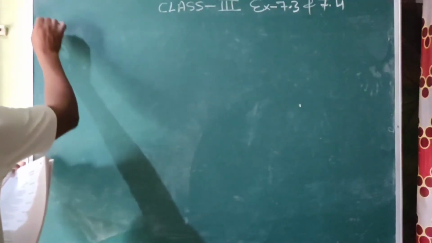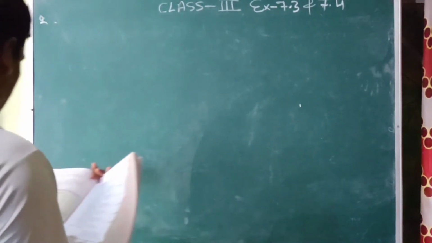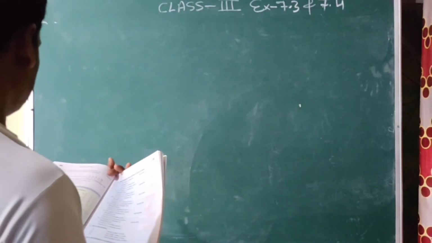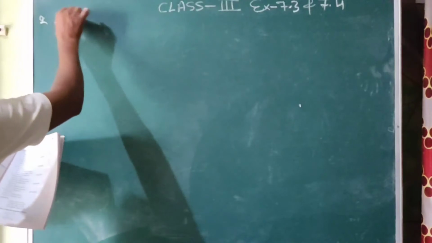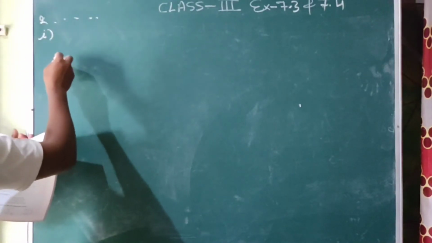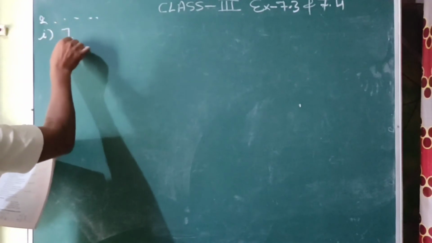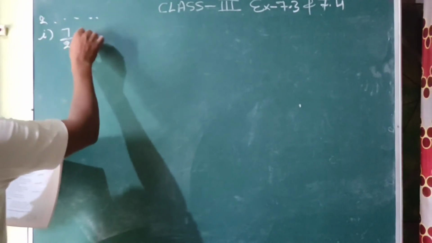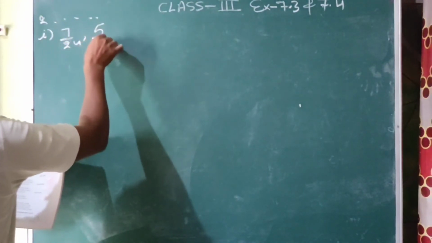So first of all, see question number 2. Encircle the greater fraction. First part is 7 upon 24 and then 5 upon 24.